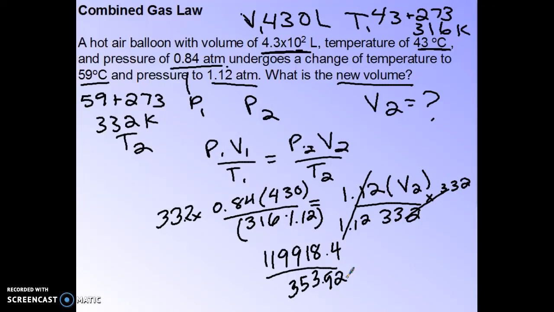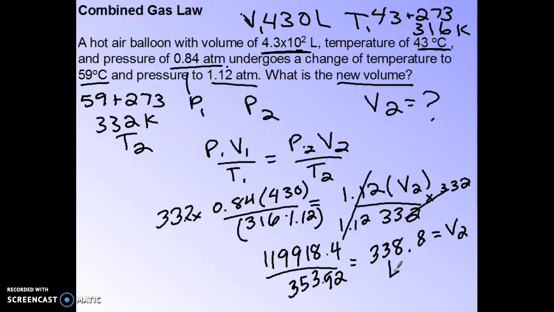Now if I divide these two numbers, hopefully I wrote them down right, I get 338.8, and this is my volume, right? So the unit must be liters then.